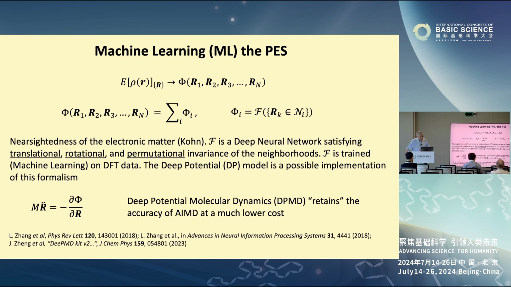And this deep potential model was developed originally in the thesis work of Linfeng Zhang, who was advised by Weinan E and myself at Princeton a number of years ago.